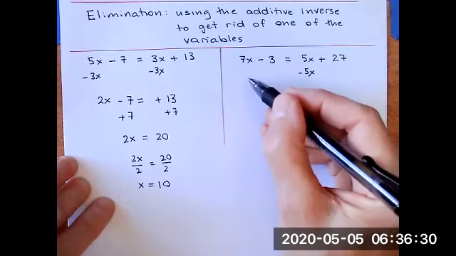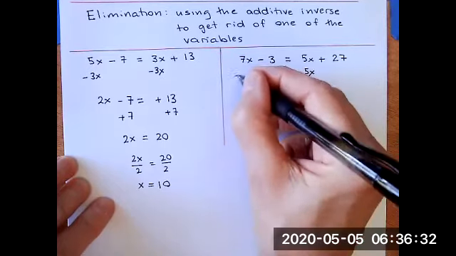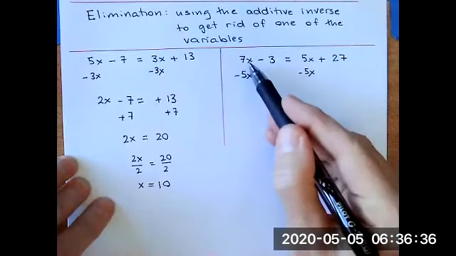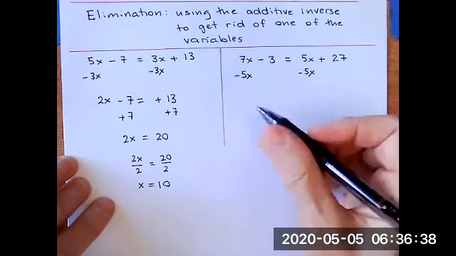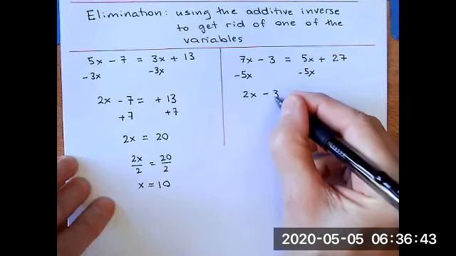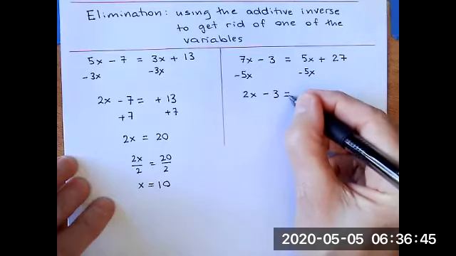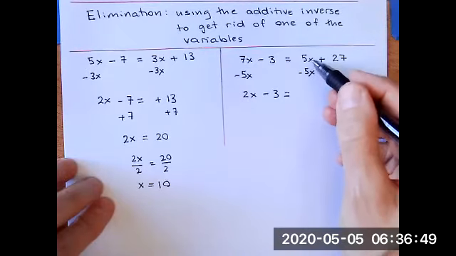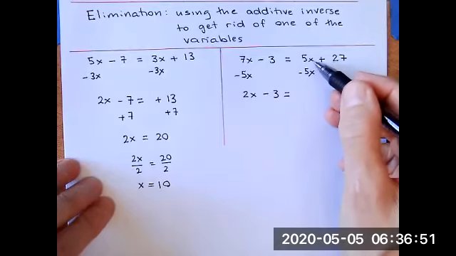We'll put it under its like term. So 7x and -5x make 2x. Bring down the -3. Bring down the equal sign. 5x and -5x add up to 0. So that has been eliminated.